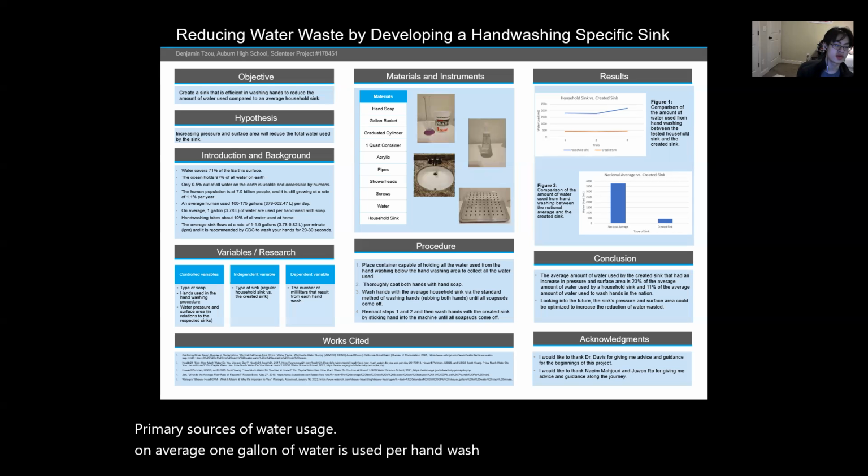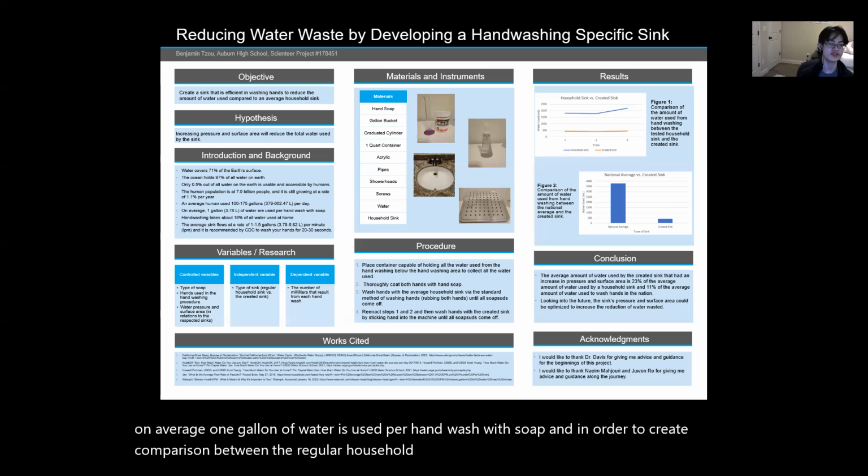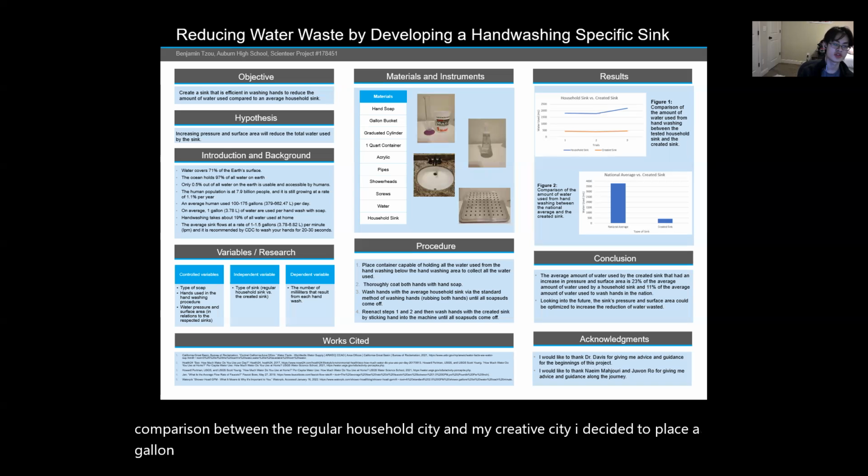And in order to create a comparison between the regular household sink and my created sink, I decided to place a gallon container below where I would wash my hands to collect the water from the created sink and the regular household sink.